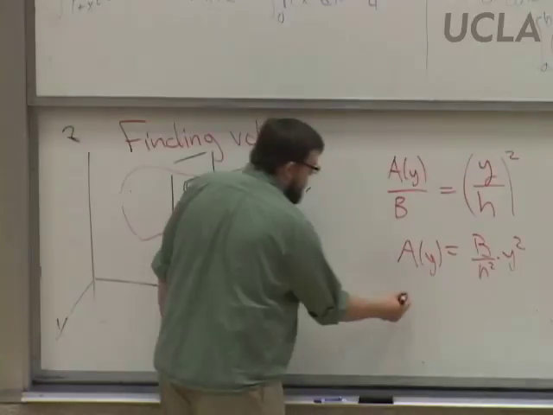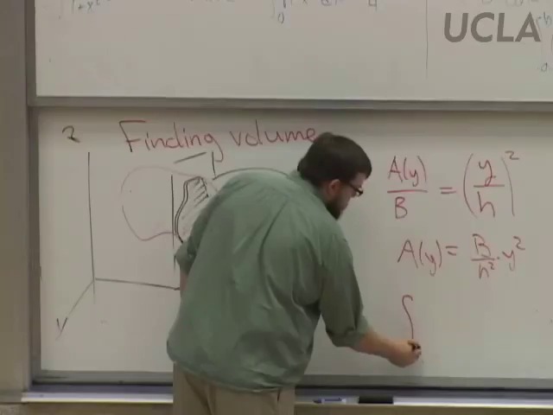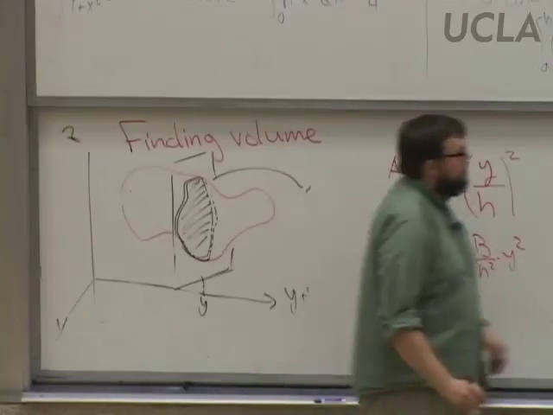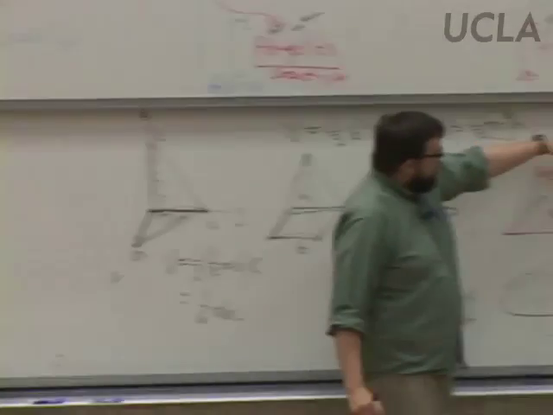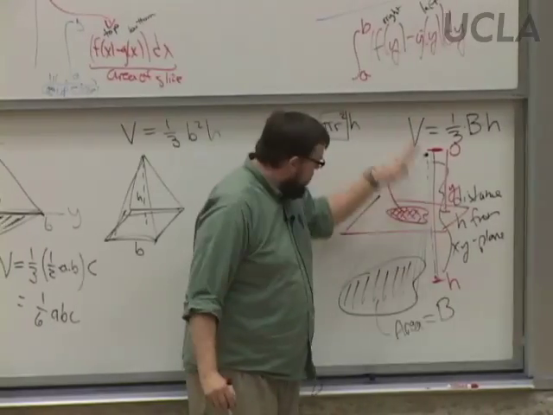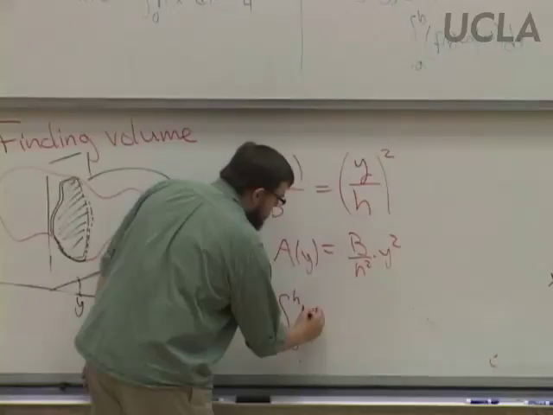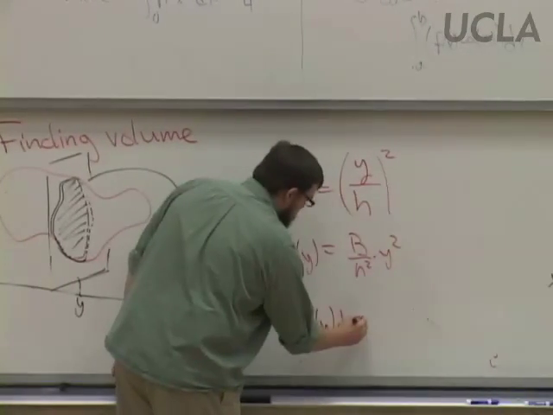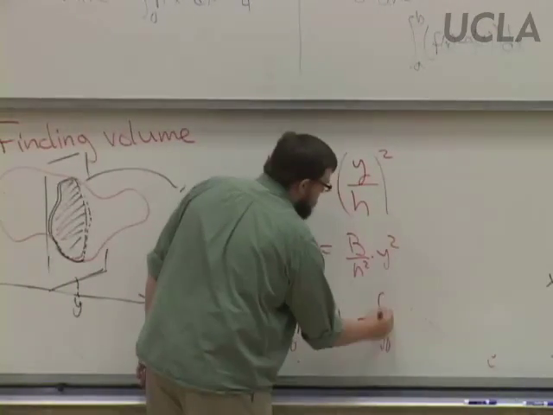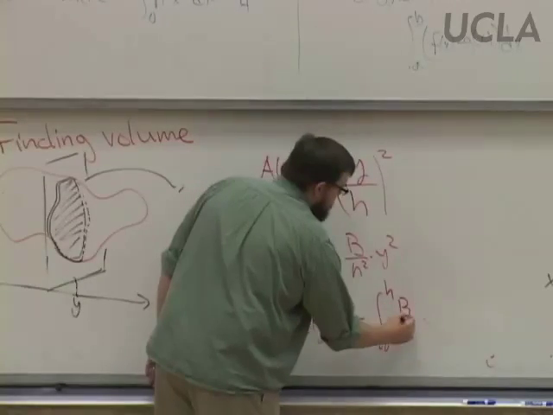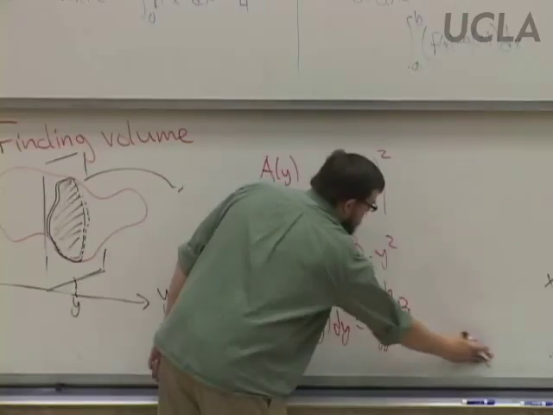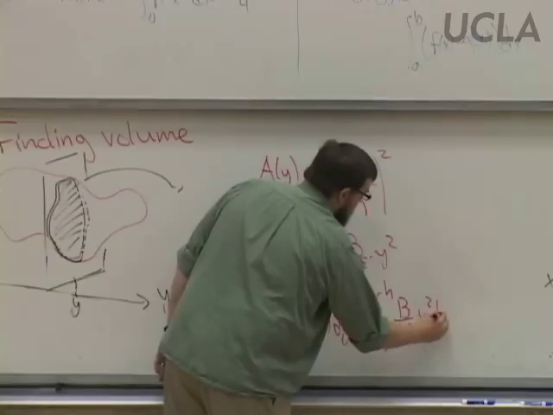Okay, now I'm going to add up. So I integrate from 0 up to h, because for my picture here, I start at 0 and go to h, take all my cross sections, and that covers the whole shape. A of y dy. That's the integral from 0 to h of b divided by h squared times y squared dy.